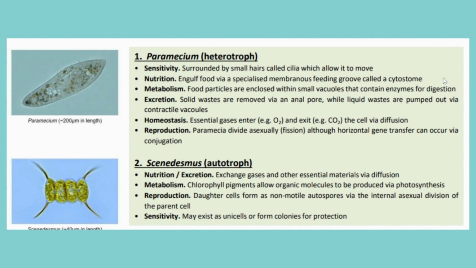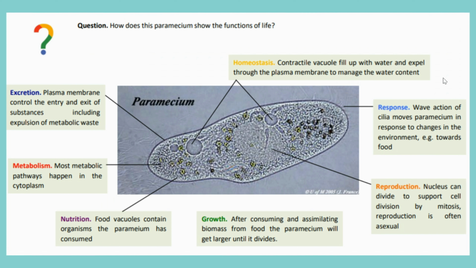You need to know these two examples because sometimes in MCQ they may ask you about paramecium, they may ask you about amoeba, which is another unicellular organism, and they may also ask you about certain parts. For example, where does excretion take place in paramecium? You must be able to point out the location where excretion takes place. Like I show over here, homeostasis takes place in the contractile vacuole, reproduction in the nucleus.